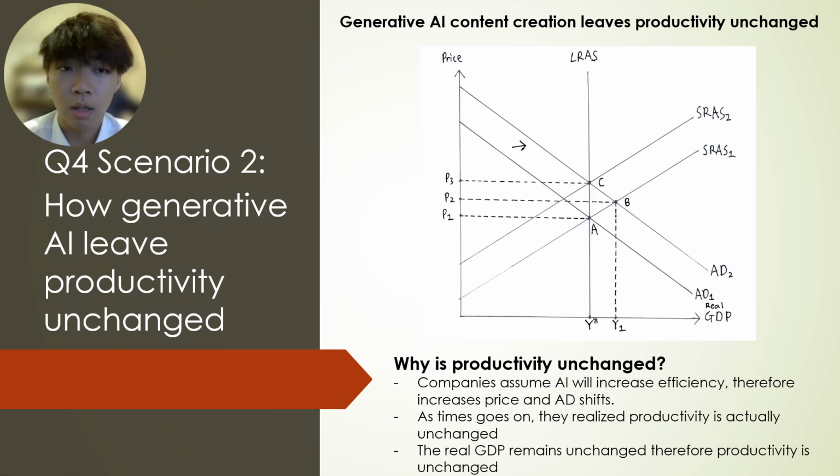Because of this, the cost of business actually goes up, which causes the SRAS curve to shift to the left from SRAS1 to SRAS2. As a result, the point where the AD2 curve and SRAS2 curve intersect will be the new economy point C, and price further increases from P2 to P3. The real output, which is the real GDP, remains at Y star, therefore productivity is unchanged.